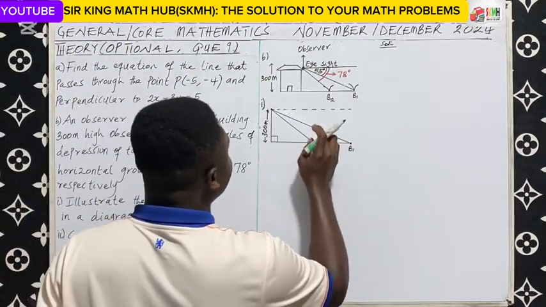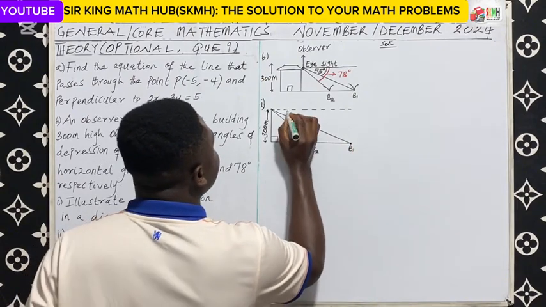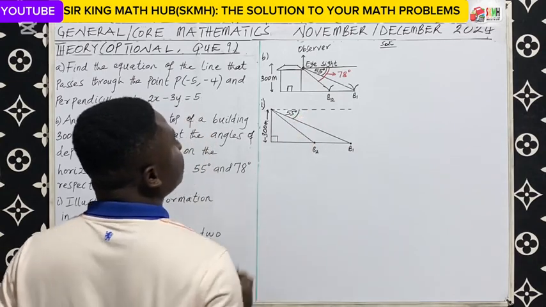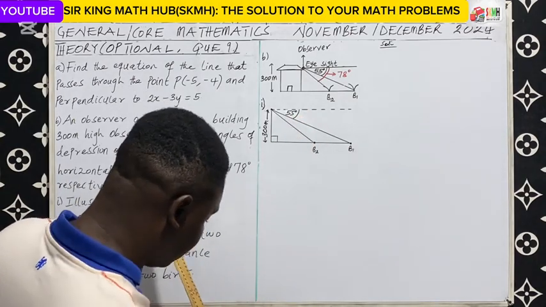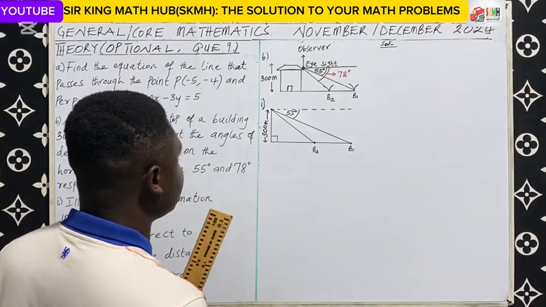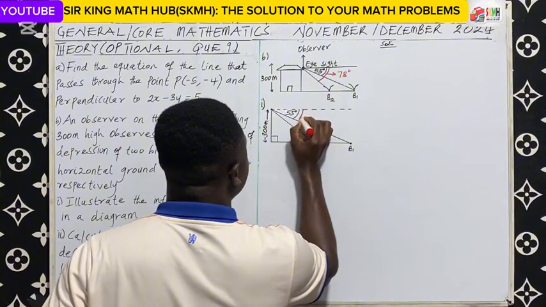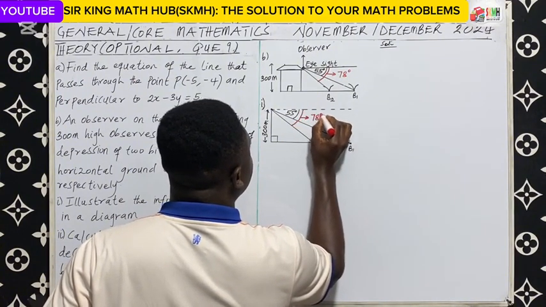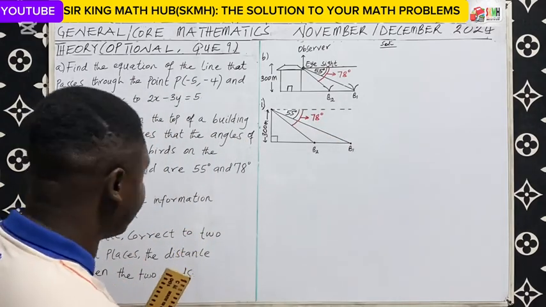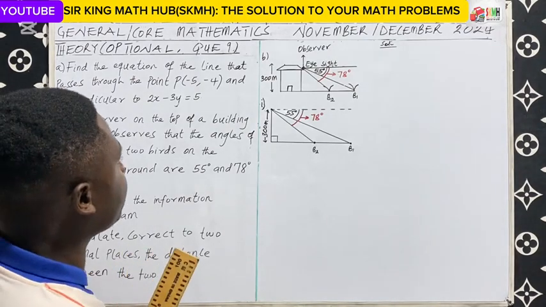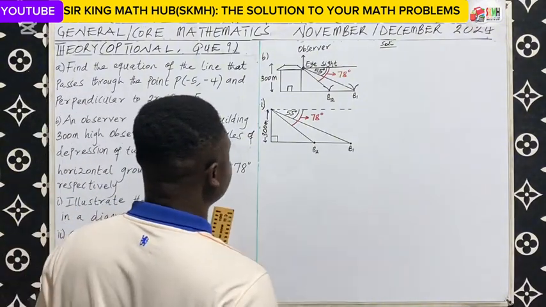So the angle of depression measured from the first bed was 55 degrees, and the angle of depression measured from the second bed was 78 degrees. That is what we have done. We have to calculate, correct to 2 decimal places, the distance between the 2 beds.